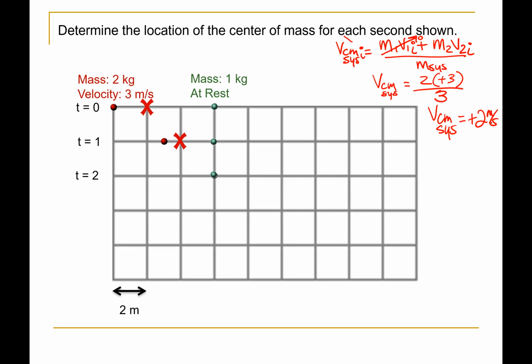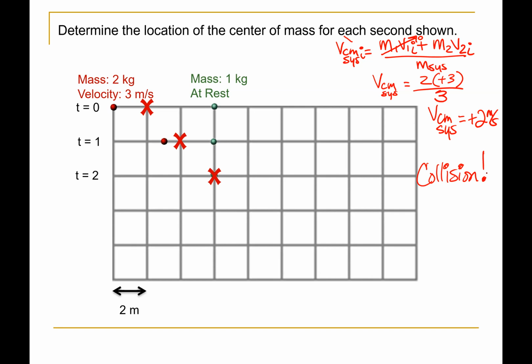And when the 2 individual center of masses overlap, what can we deduce? That's where the collision happens. And so at 2 seconds is our collision. And if your 2 individual objects overlap, where's your system center of mass? Same spot, red X.